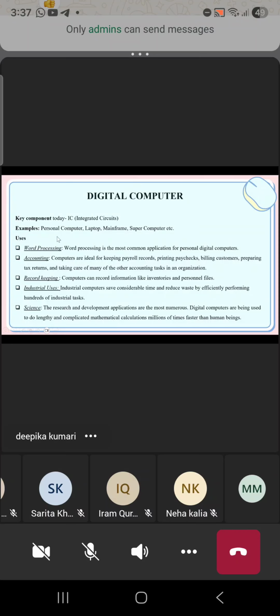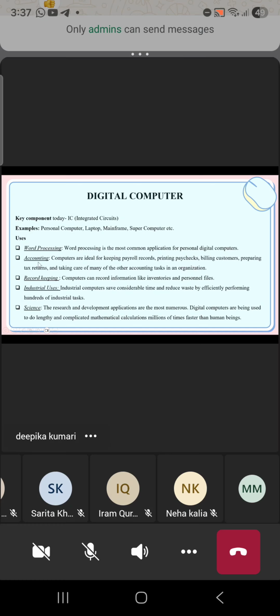The uses of digital computers are, first, word processing. The most common application that we use in digital computers, we all have made Word files, assignments, and our PPTs. Then accounting, in banks and for fees in the financial department: the payroll records, the printing of paychecks, billing of customers, preparing tax returns.